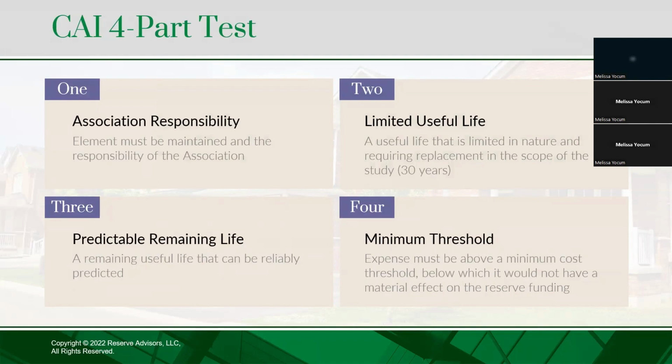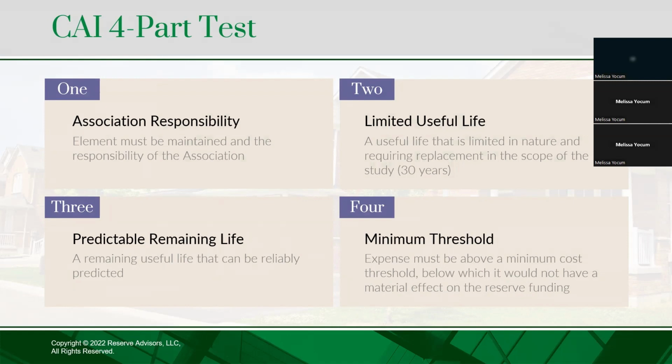So first step is, as we mentioned, it has to be the association's maintenance responsibility. So it has to be commonly maintained, something the association is responsible for maintaining. Next, it has to have a limited useful life. And what we mean here is it has to be something that we anticipate to occur over the duration of the reserve study. So a typical reserve study is 30 years.